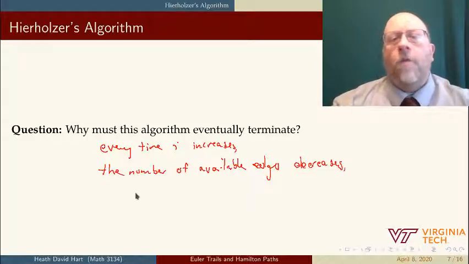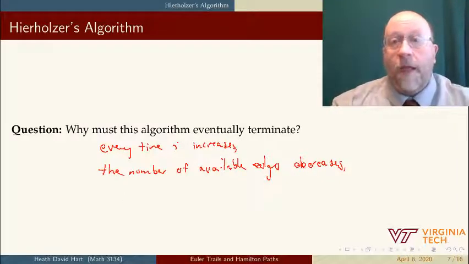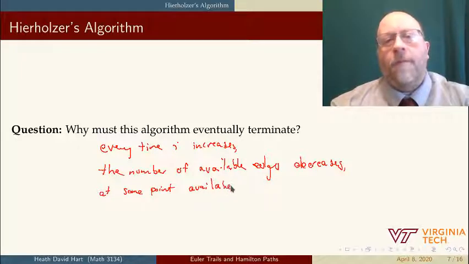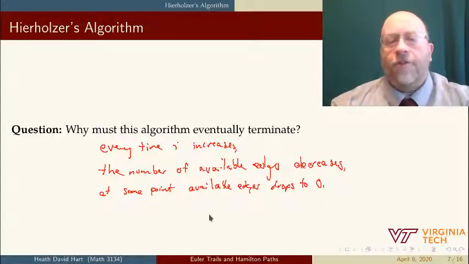And since we only have a finite number of edges, if the finite number decreases every time we do this algorithm, at some point we will have used up every edge. Available edges drops to 0, which means we've used up every edge.